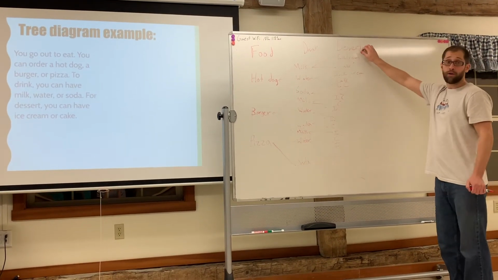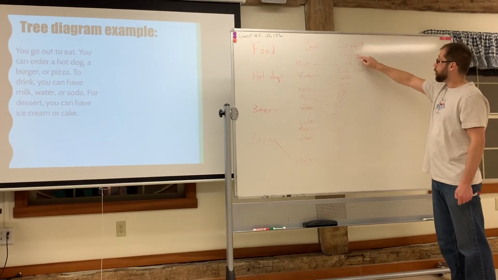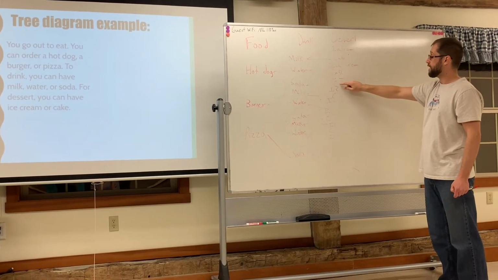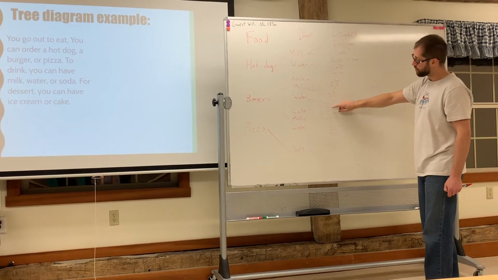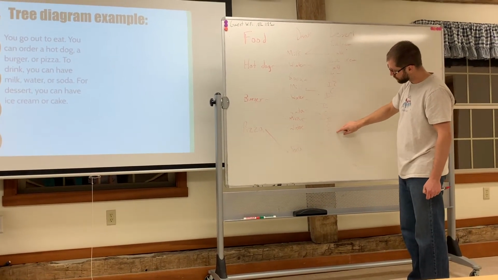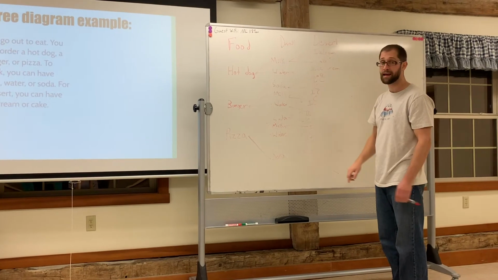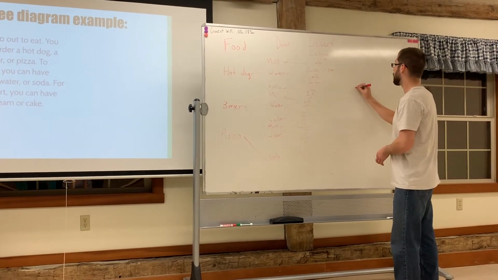And we would then go in our last row, and I'd count down 1, 2, 3, 4, 5, 6, 7, 8, 9, 10, 11, 12, 13, 14, 15, 16, 17, and 18 possibilities.